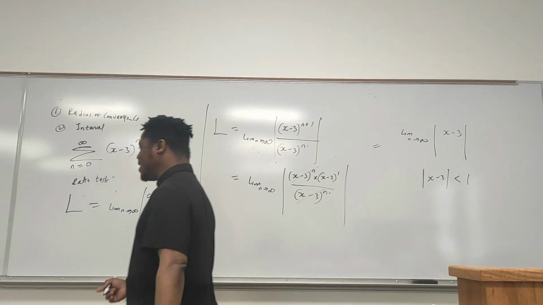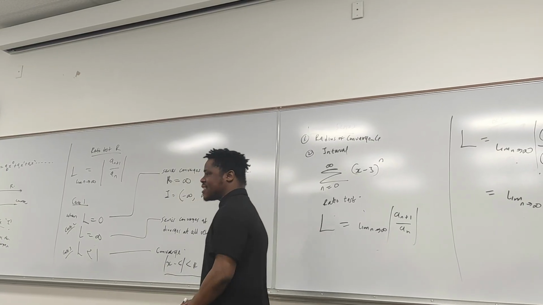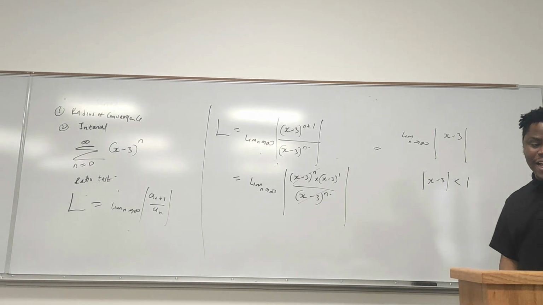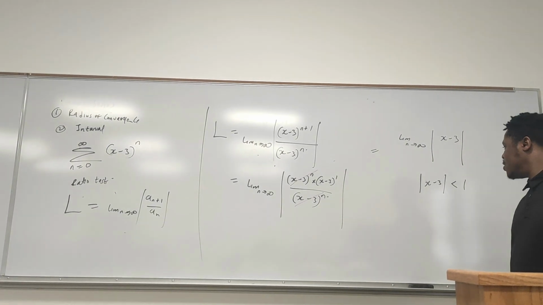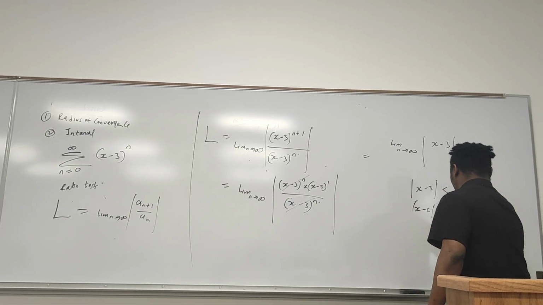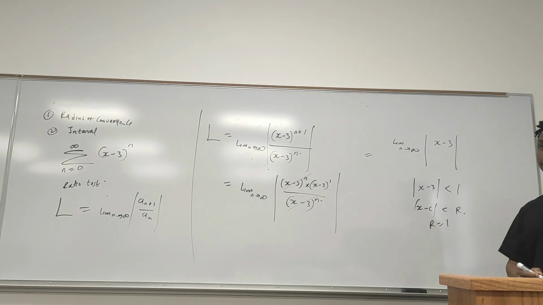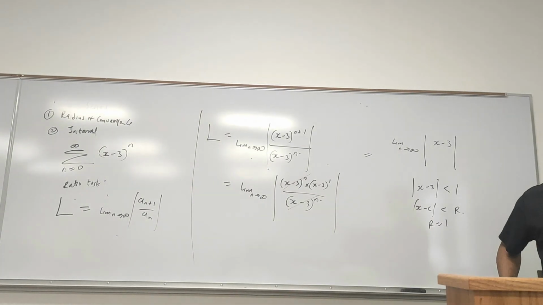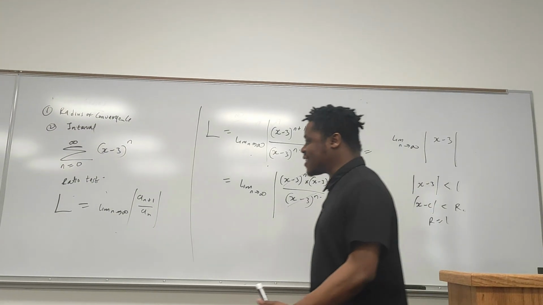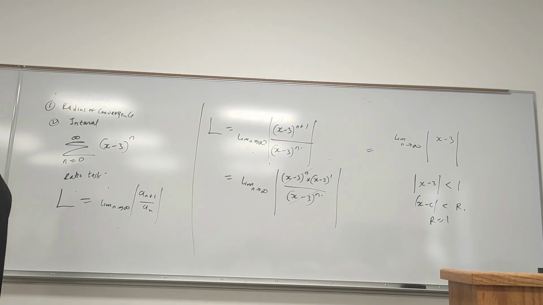Remember the formula for case 3 is the absolute value of x minus c less than R. If you compare it with this, our R would be 1. That's how you find the radius of convergence. So our R is 1, because case 3 says it converges when this condition, x minus c less than R, is true.